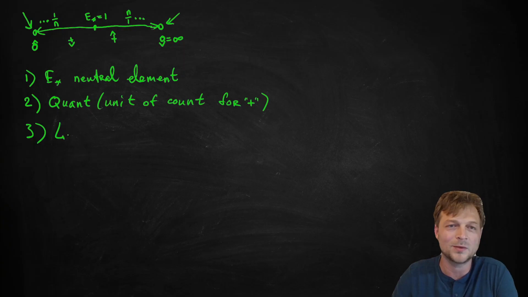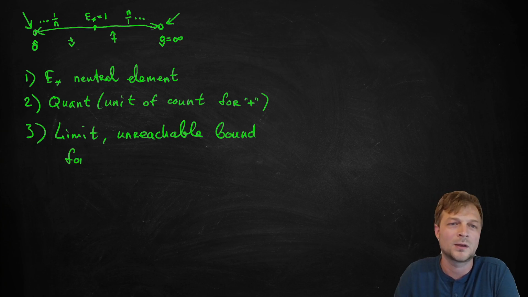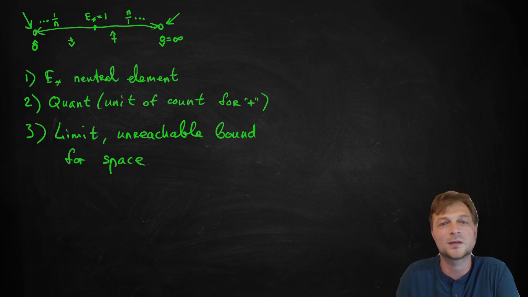So let me put this property of identity element: limit or unreachable bound for space, in this particular case, for space of common fractions.